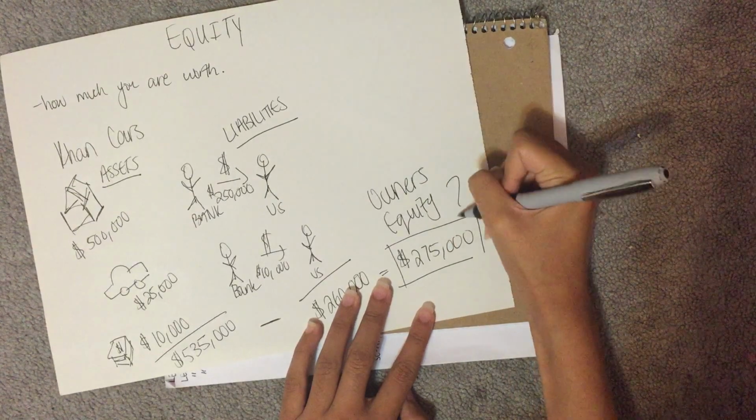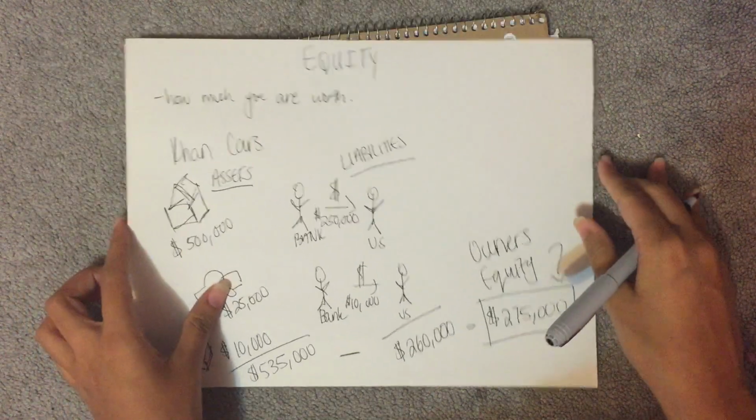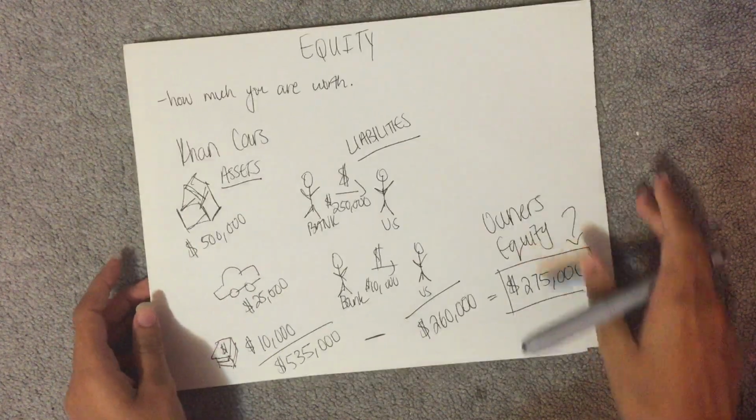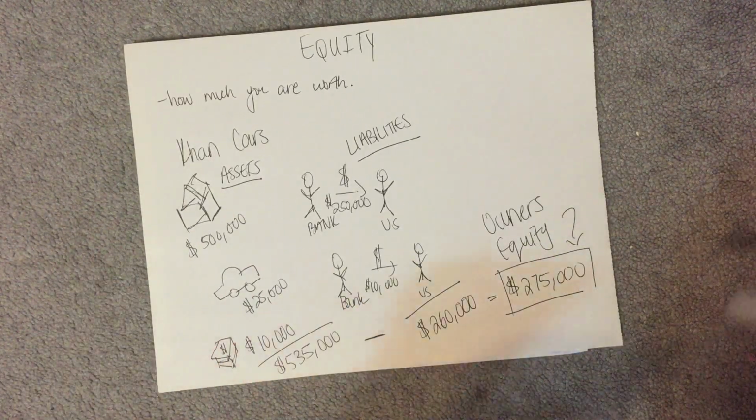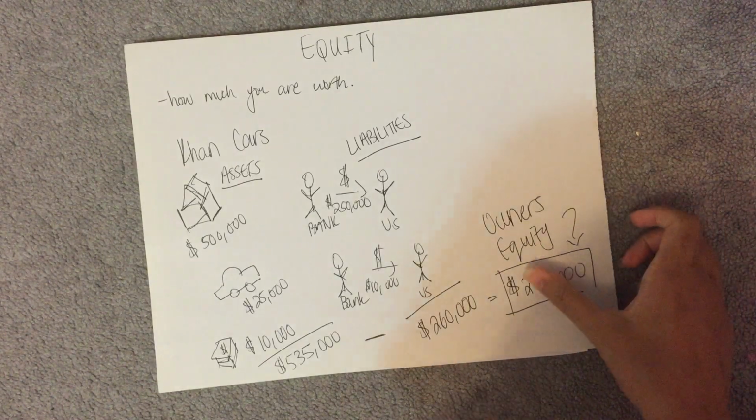Equity is a long topic. It can be confusing, but I'm sure there will be future videos about different types of equity, like shareholders' equity and a little bit more on owner's equity. But basically the key is your equity is how much you or your company is worth.